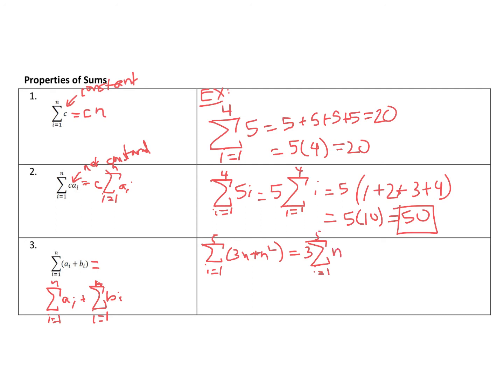And I would just have 3 times the sum from 1 to 5 of n plus the sum from 1 to 5 of n squared. I'm not going to write it all out, but if you evaluate this on your own, you get 3 times 15 plus 55, which gives you 100.